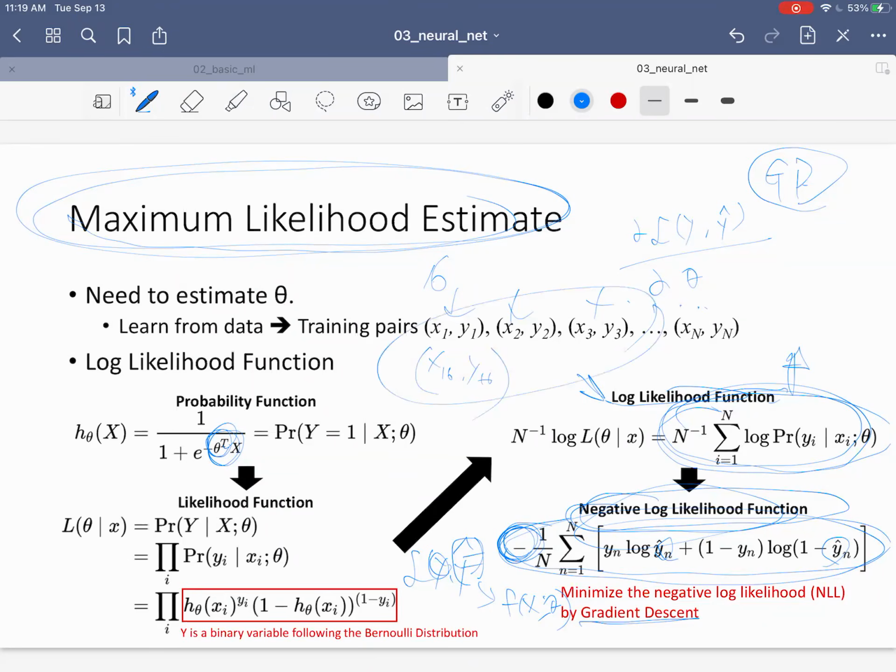You put 16 values here using a for loop, like y1 hat, y1, y2 hat, y2, y3 hat, y3. You can do that using a for loop, and then you calculate this value, and then divide by 16. Then you'll get some scalar value, right? I think that's what you're asking.